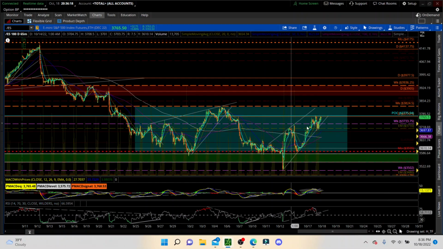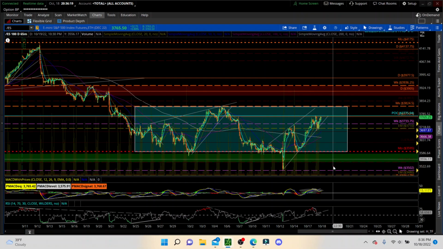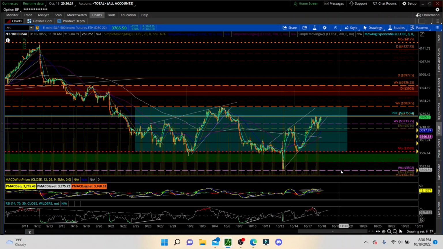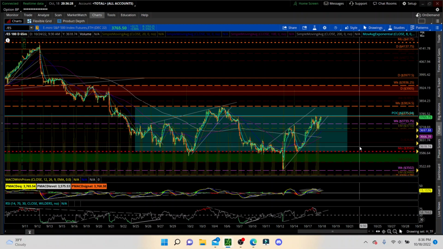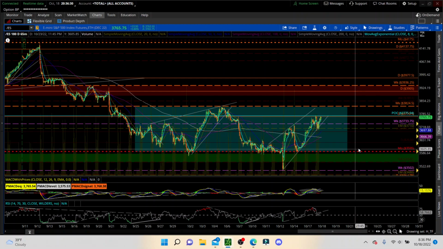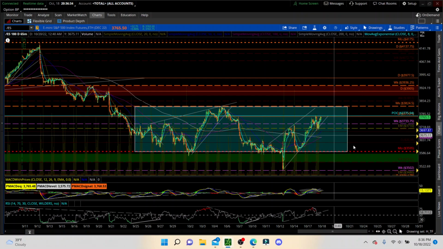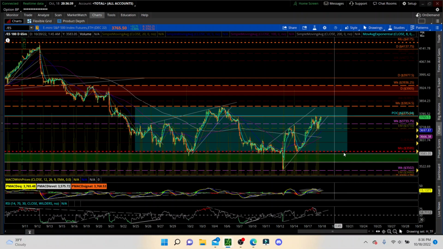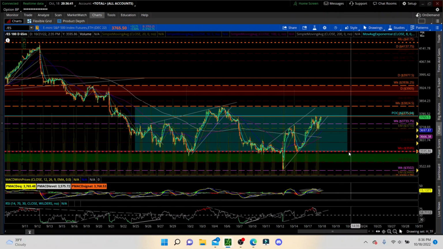So if we start to break down in price, take profits along the way, and just know that if we start to pop back up into these zones again, then we're probably looking at some sort of fake break, higher prices to come. Okay, so set your stops wisely.